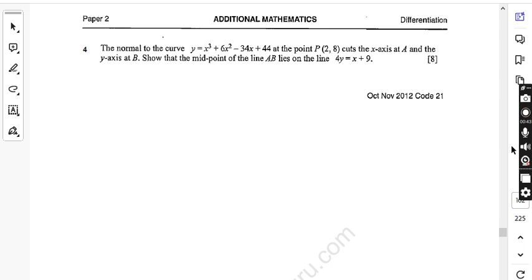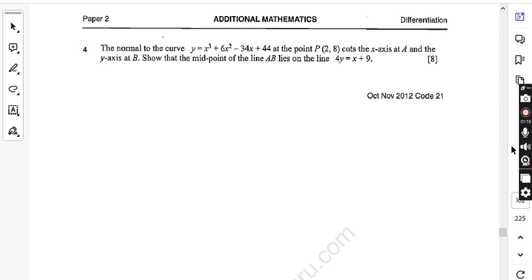Question number 4. The normal to the curve y equals x cube plus 6x square minus 34x plus 44 at the point P (2, 8) cuts the x-axis at A and the y-axis at B. Show that the midpoint of the line AB lies on the line 4y equals x plus 9. 8 marks question.